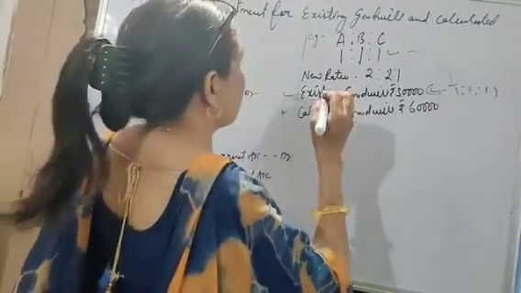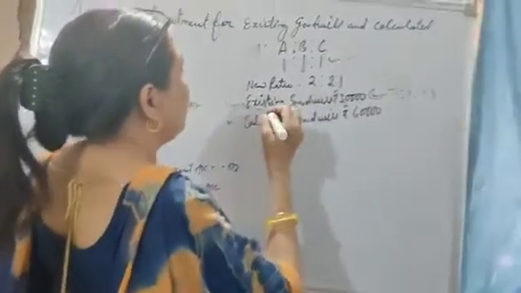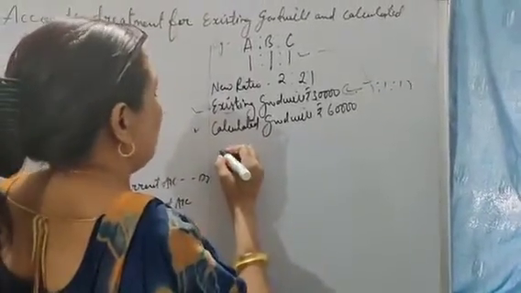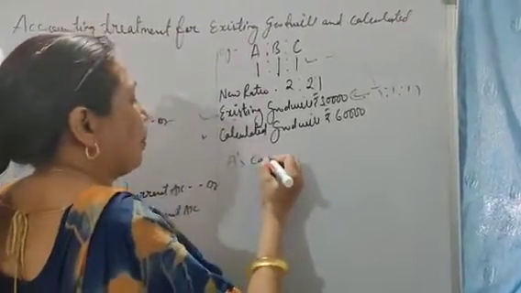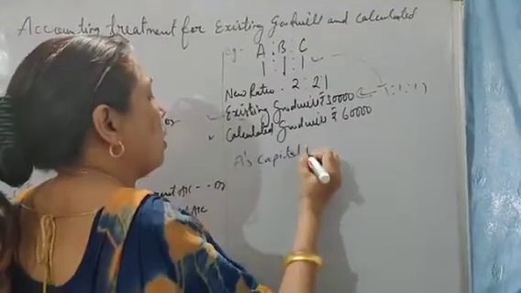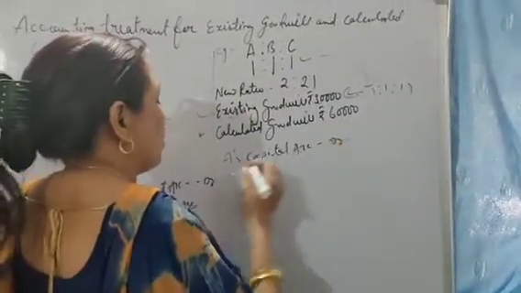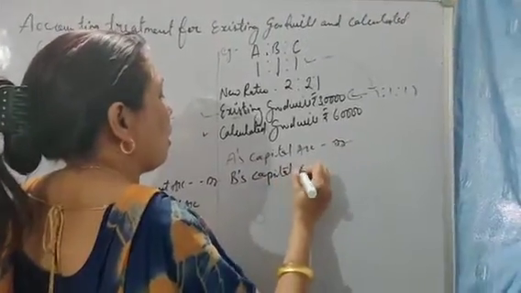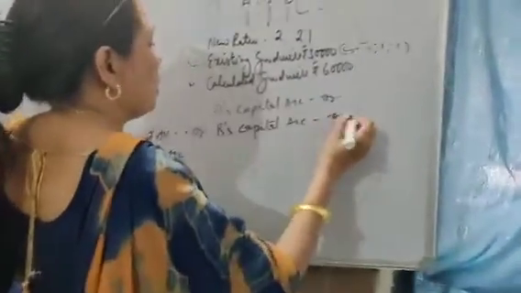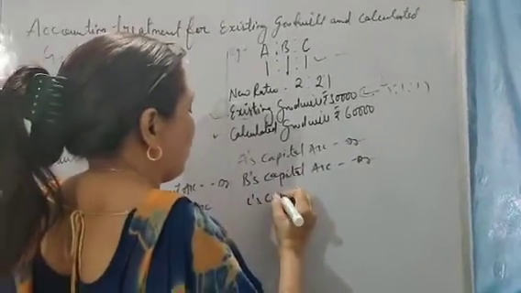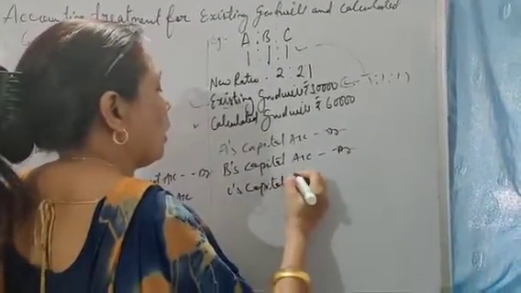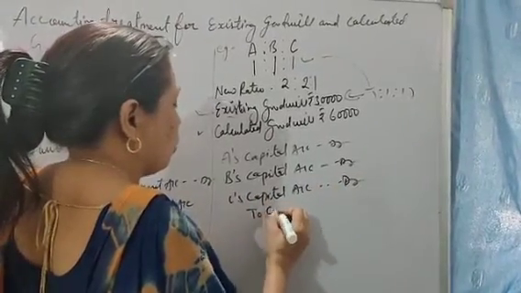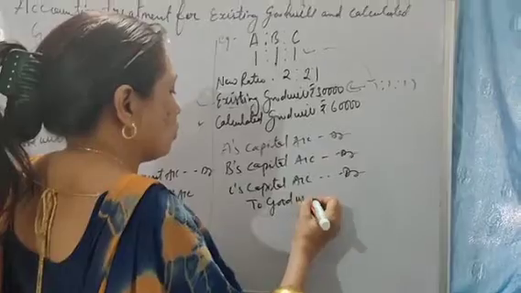So your entry in that question, as it is fluctuating capital account, I prepare entry: A's capital account debit, B's capital account debit, C's capital account debit to goodwill account.